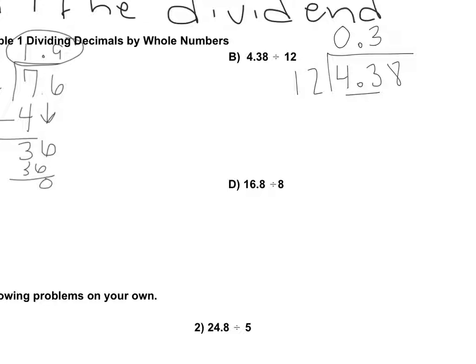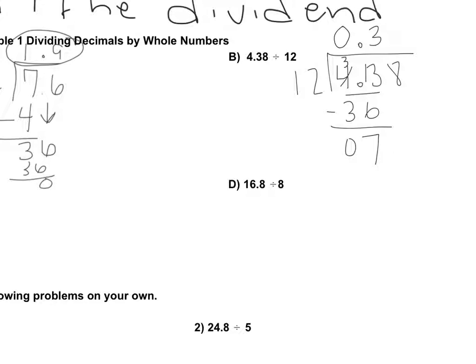So we put our 3 up there. We have our 36. 43 minus 36 is 7, because we can borrow there. 13 minus 6 is 7. That became a 3. 3 minus 3 is 0.